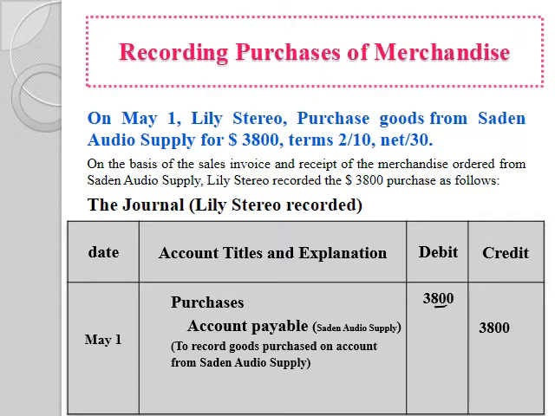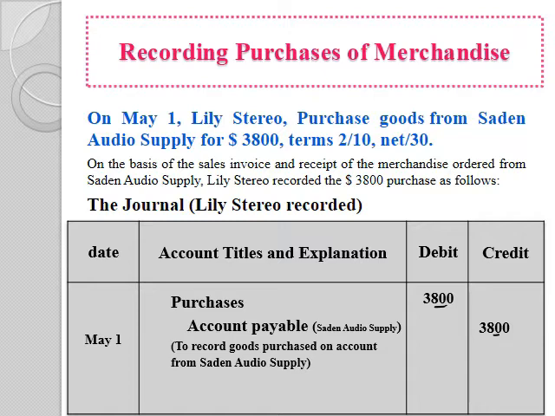Accounts payable, record in the credit side, or Sadin Audio Supply, the amount recorded in the credit column, $3,800.